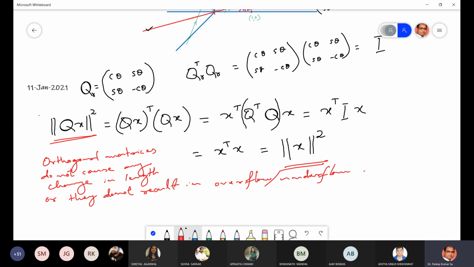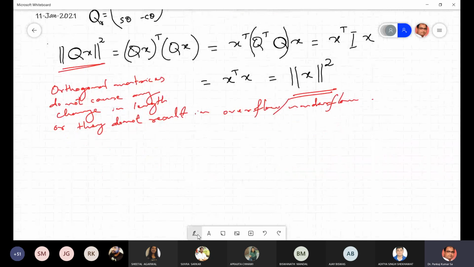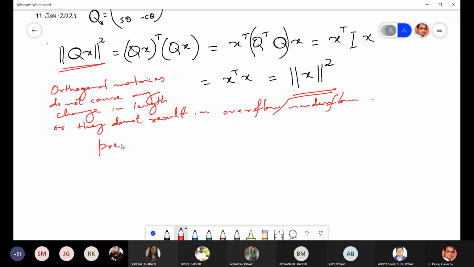That is what I said earlier. They preserve the length. Yeah, that is a very scientific statement. Orthogonal matrices preserve length. This is what is known as the biggest property, and the proof of that is this. This is the proof.